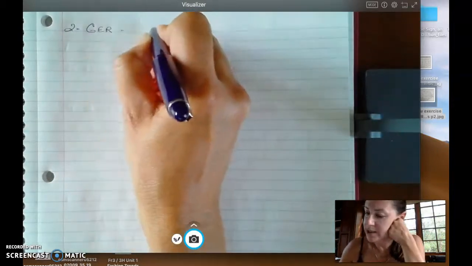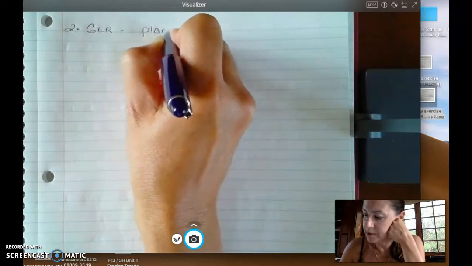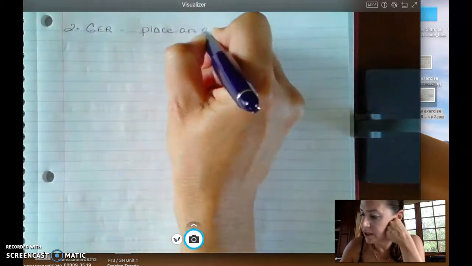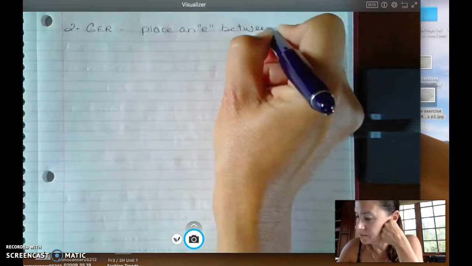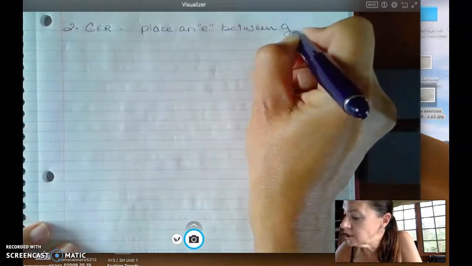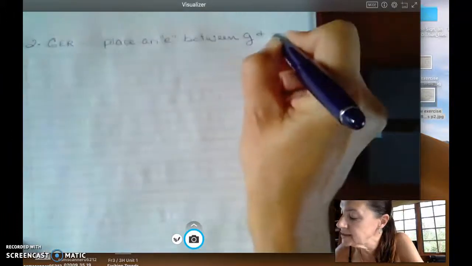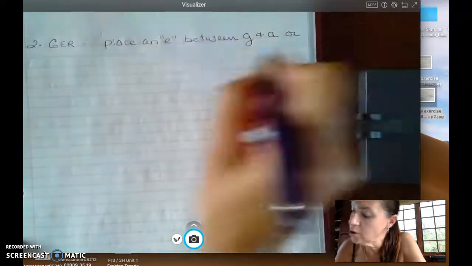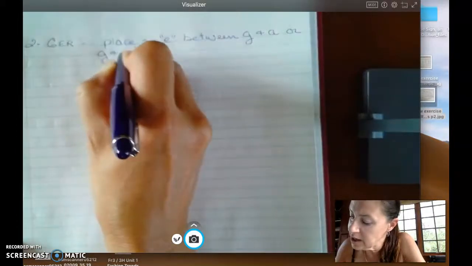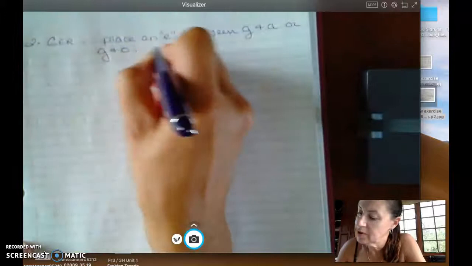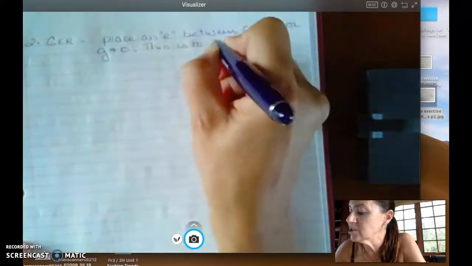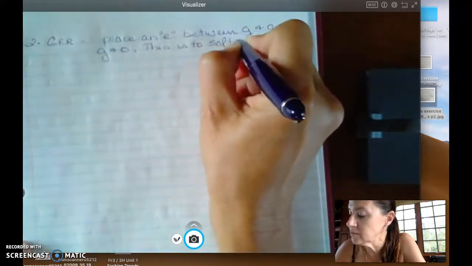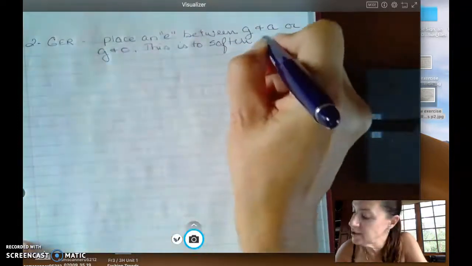The rule here is going to be: place an E between the G and an A, or again a G and an O. This again is to soften your sound. Okay?